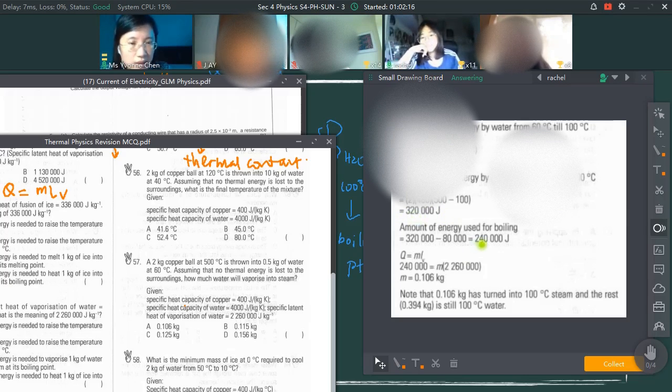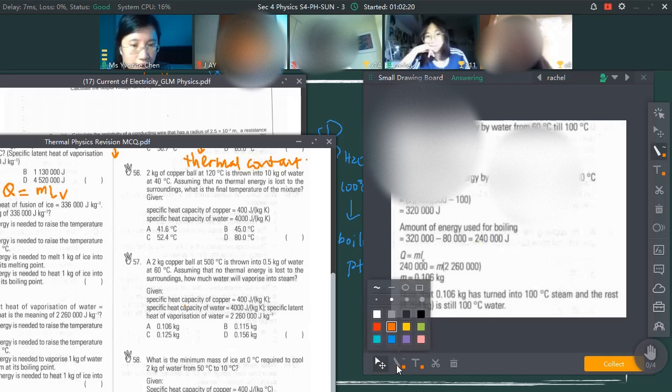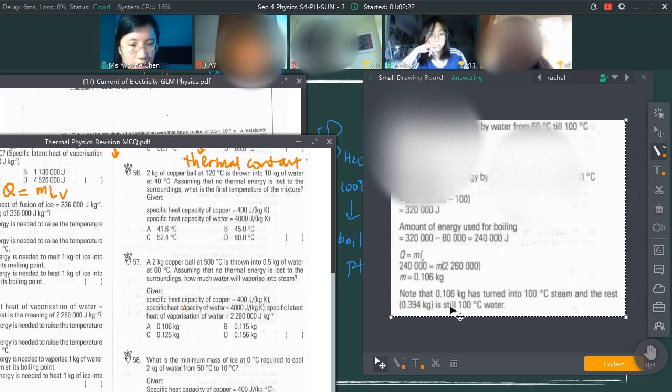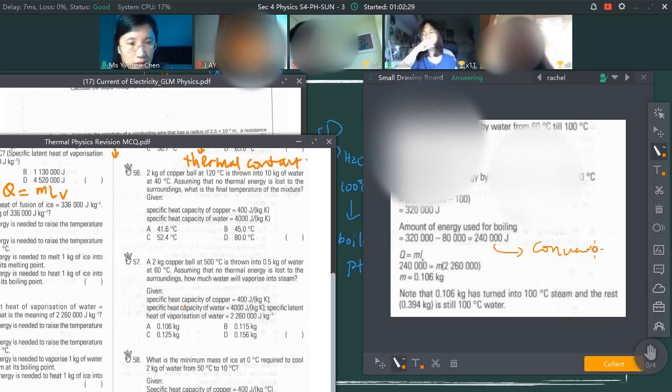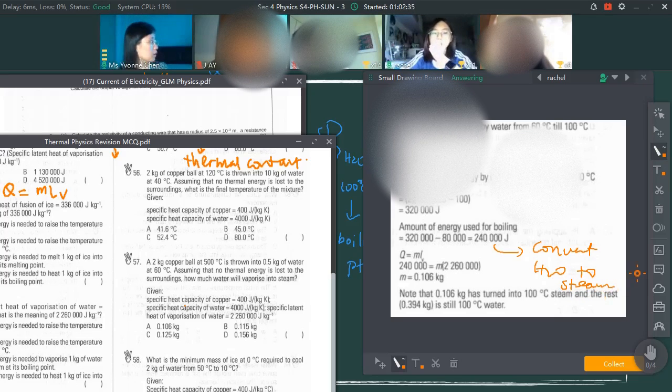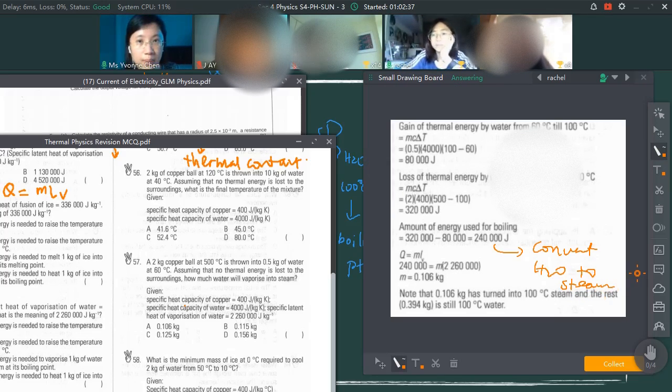So there are 240,000 joules of extra, excess energy. This energy is used to convert water to steam. Okay, understand?